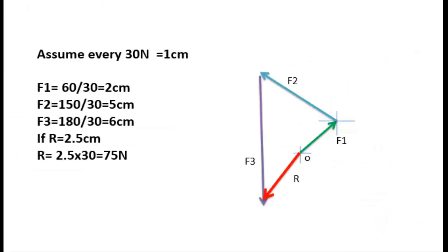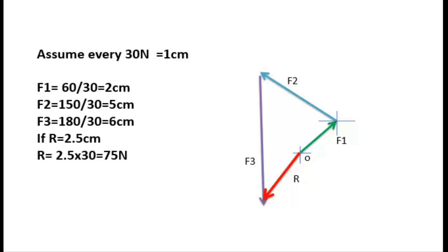To find the resultant and its direction by the graphical method, we can draw the forces from the 0 point, assuming every 30 Newton of force equals 1 centimeter.